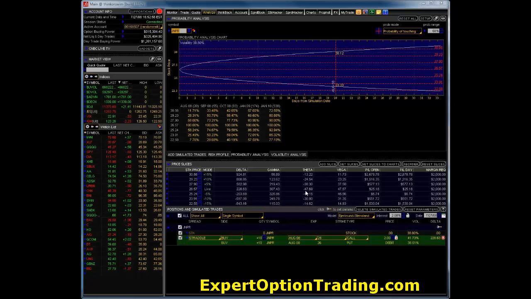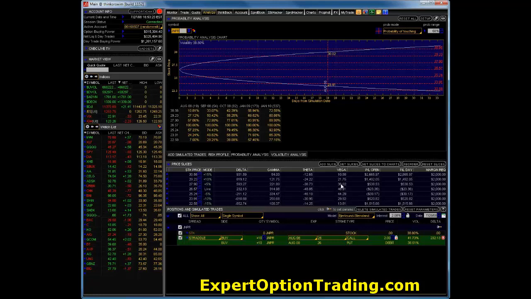In this particular issue, the theta at the current price is minus $47.69. That means for each day that goes on without the price moving, we will lose $47.69. If we take the date tab here and just simply increase the date, you can see that theta does change.